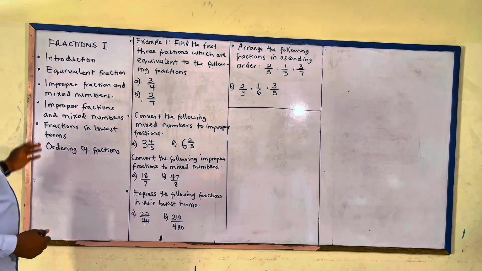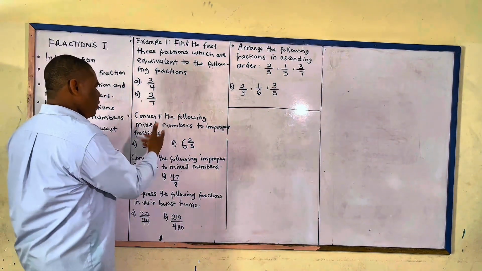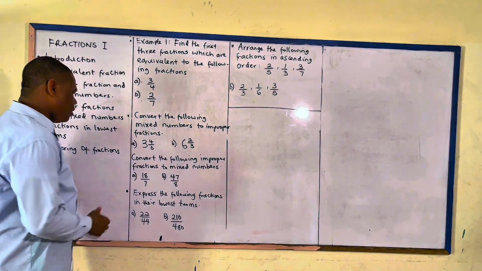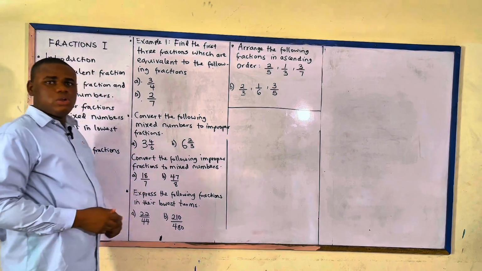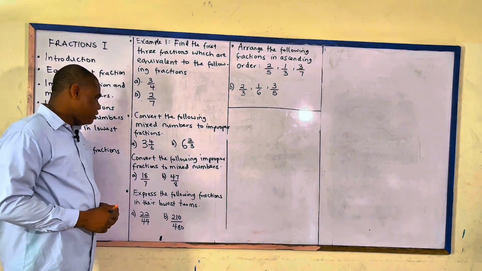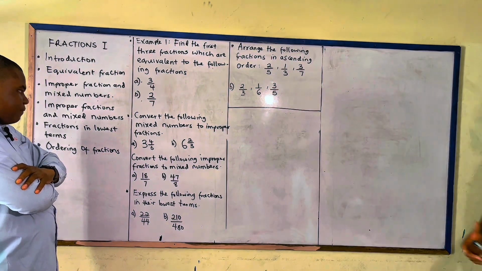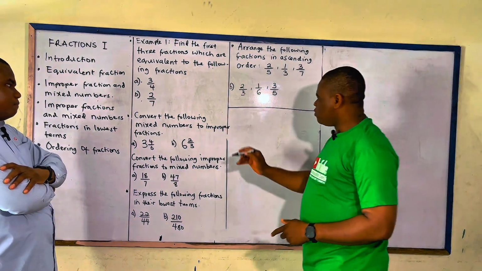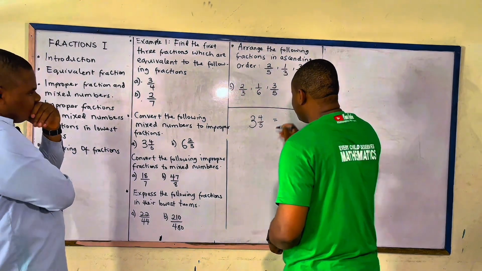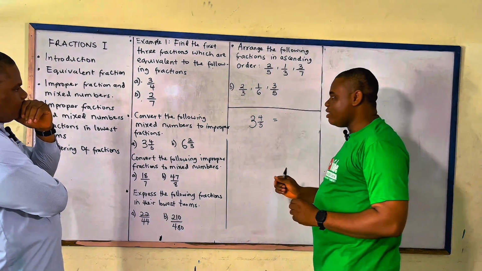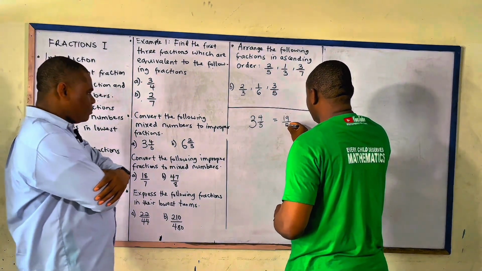For the next one we are going to improper fractions and mixed numbers. We are going to convert the following mixed numbers to improper fractions. The first one is 3 whole number 4/5. The second one is 6 whole number 2/3. For the first one, all I need to do is 5 times 3, 15. 15 plus 4 gives me 19, so we have 19/5.